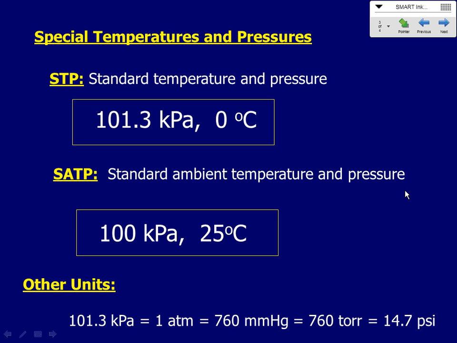SATP, that stands for standard ambient temperature and pressure. Also a very important temperature and pressure. These have been decided by chemists as being important numbers pertaining to laboratory conditions. In a laboratory, the temperature is usually around 25 degrees.